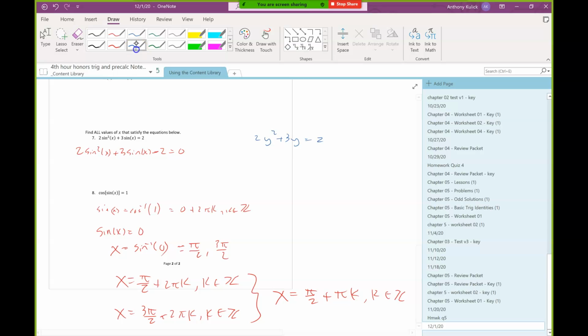And then we could either factor or use the quadratic formula. For the sake of argument, let's factor this since it is factorable. I would need the two numbers that multiply to give me the leading coefficient times the constant term, and then add to give me that middle term. Those are 4 and negative 1.